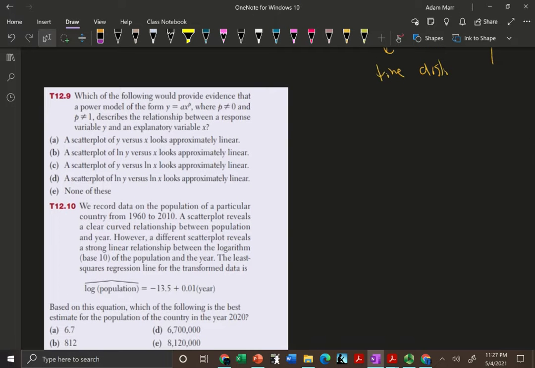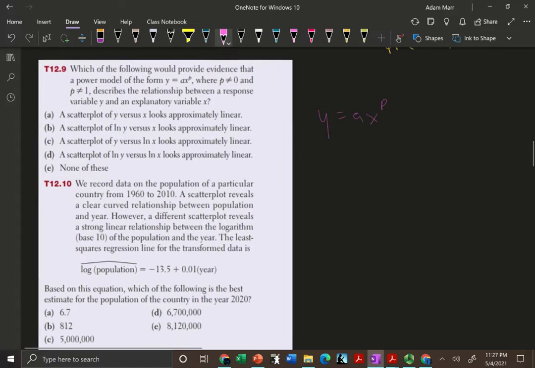Which of the following would provide evidence that a power model of the form y equals ax to the p power describes the relationship between a response variable y and an explanatory variable x. Okay, so basically what we were talking about before, the definition of a power model. A, a scatter plot of y versus x looks approximately linear. All right, would this show a power model?